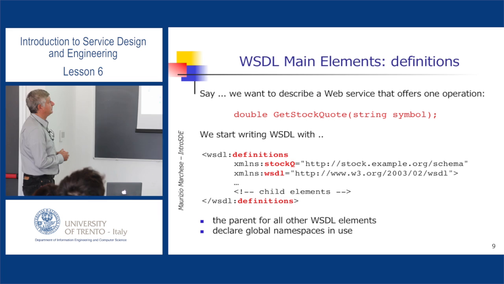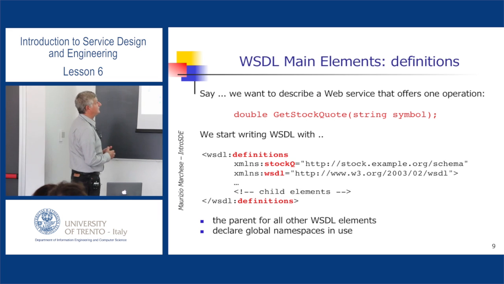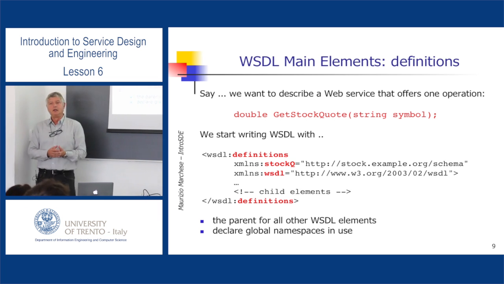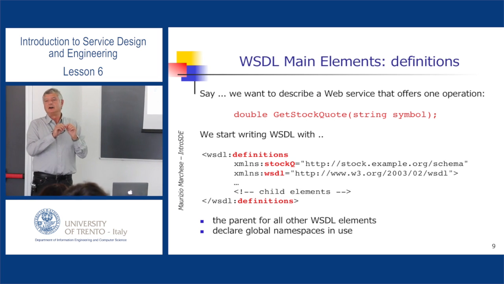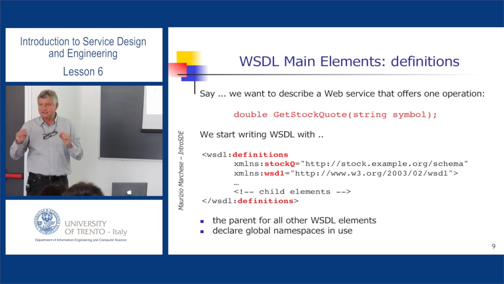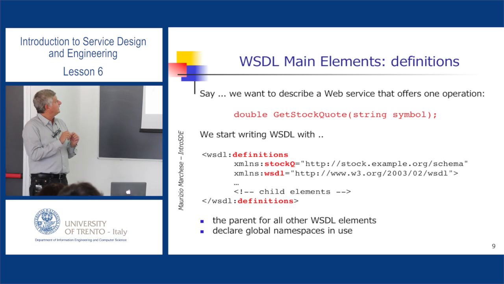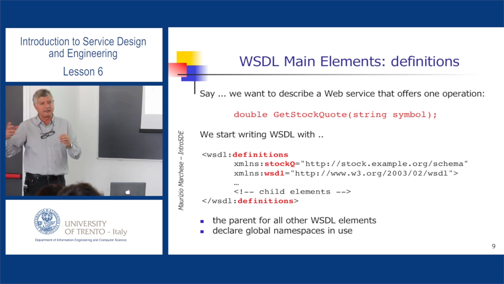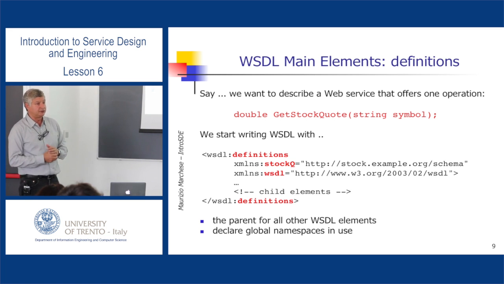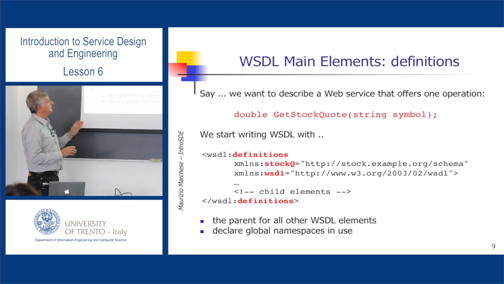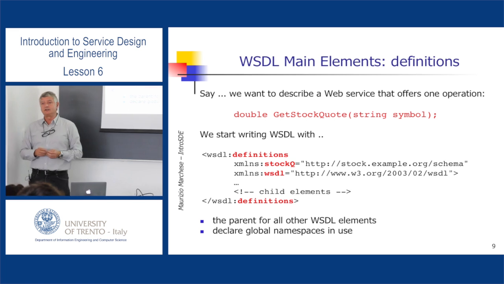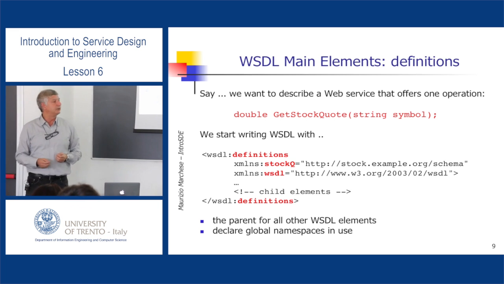So let's say that we want to implement a very simple web service that offers, for instance, one operation. In this case, we only focus, as you will see, on a number of details, and if you have more functionalities, like more operations or a bigger web service, you just have to add more information for each of these. So this is only one very simple service, one operation, and it's essentially a remote procedure call, just to make it more simple.